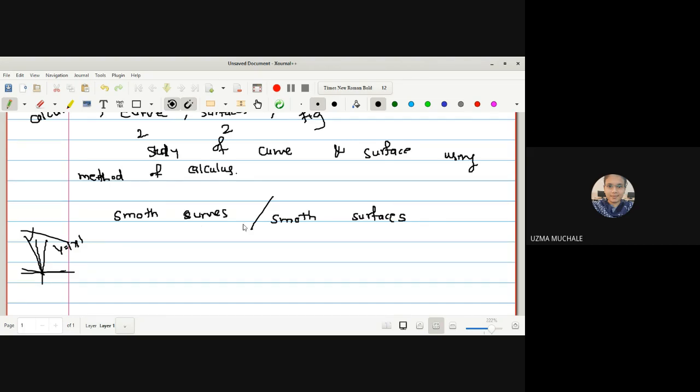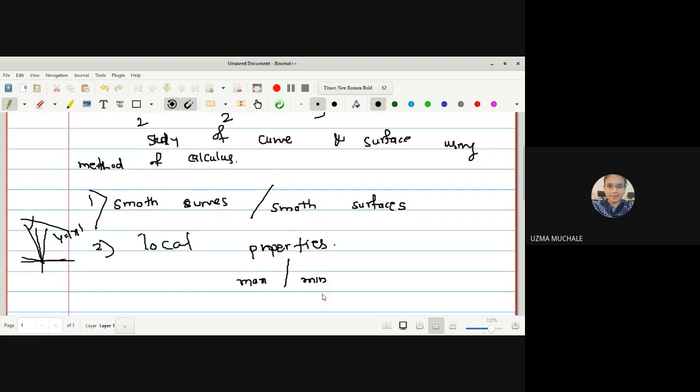Okay, have you understood? The first main part is that we are going to study smooth surfaces and smooth curves. The second is that we are going to study only local properties. Now one may have a question: what do you mean by local properties? Before going to this, I hope you know how to find maxima and minima.